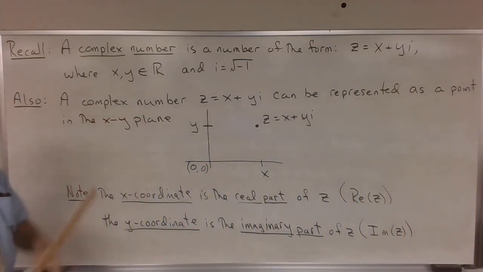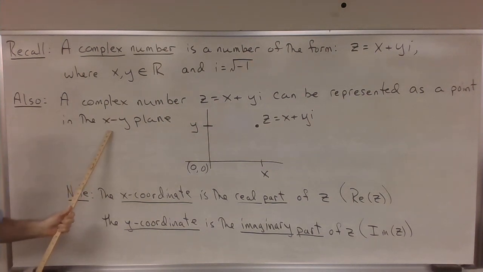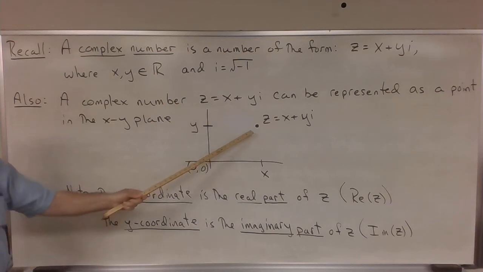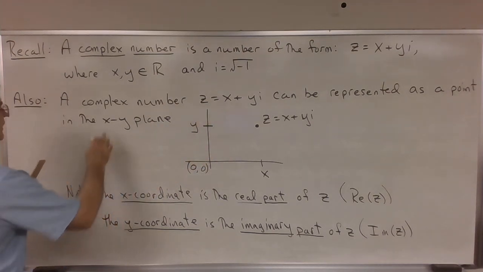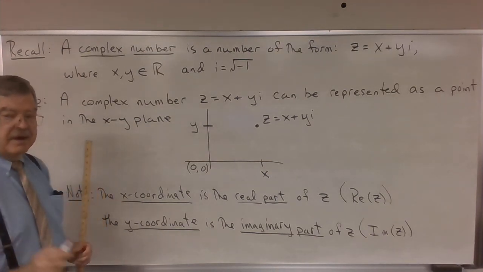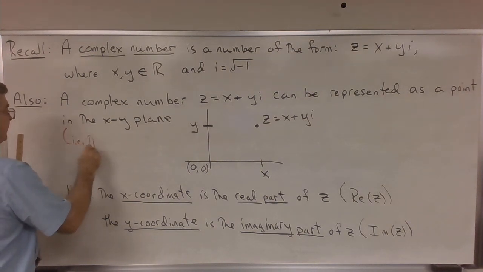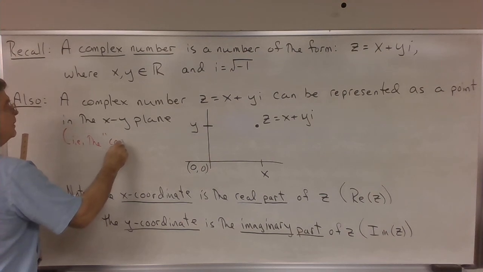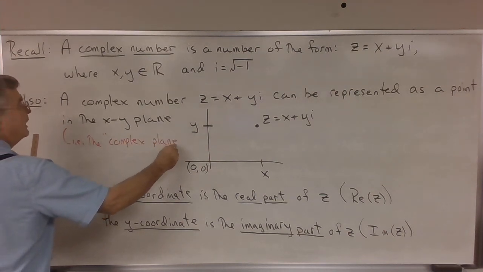A complex number, z equals x plus yi, can be represented as a point in the xy plane, as so. And I've said the xy plane, but when we're talking about complex numbers, sometimes we call this the complex plane.